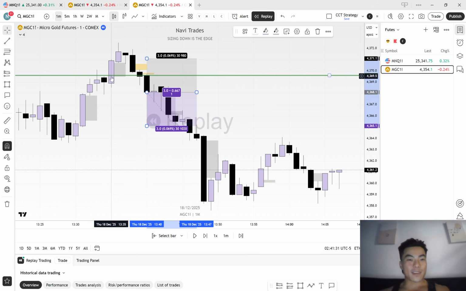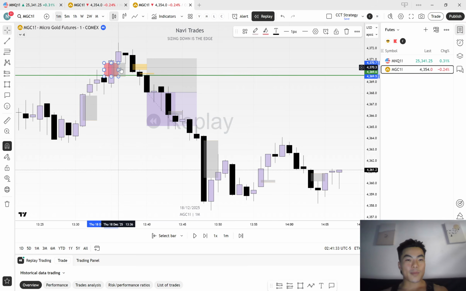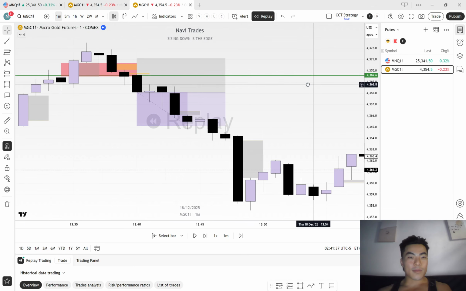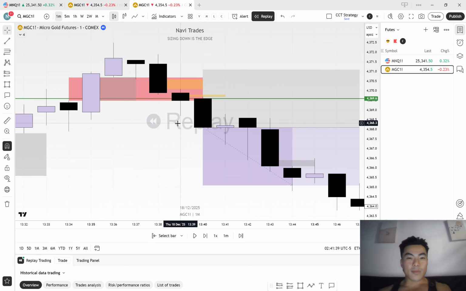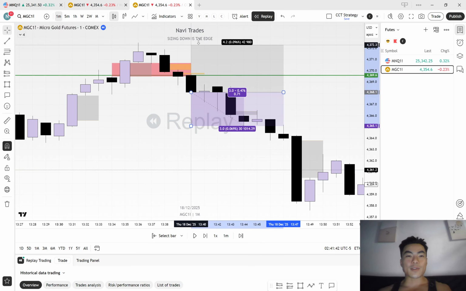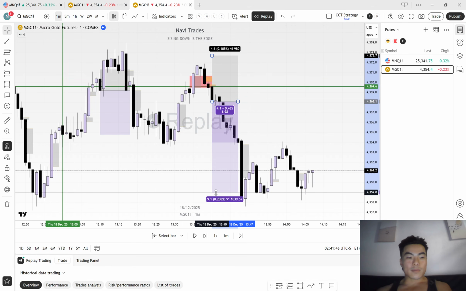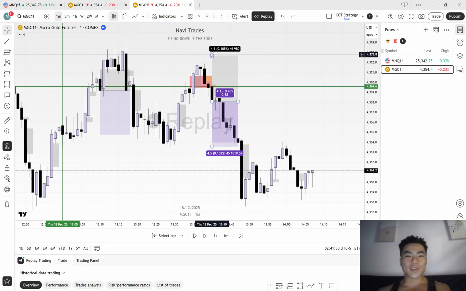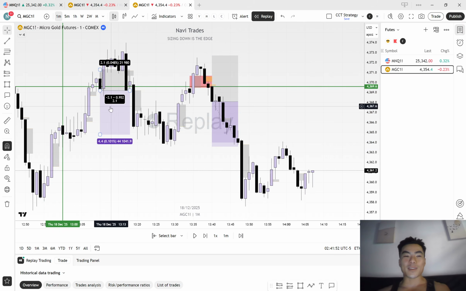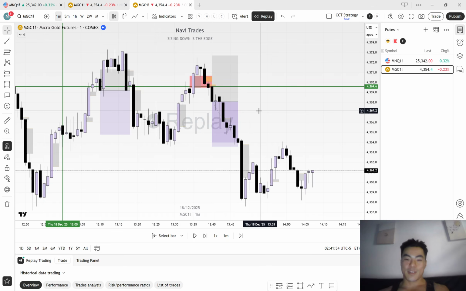Right, there's your fair value gap. Yeah, inverse it there, stop at the high. Honestly, I think I would target these lows. Yeah, 1R, not bad. Okay, so you pretty much make up that loss.